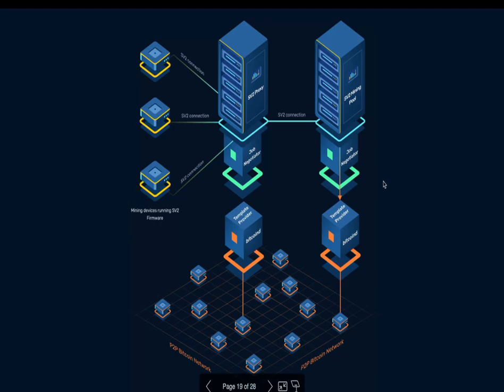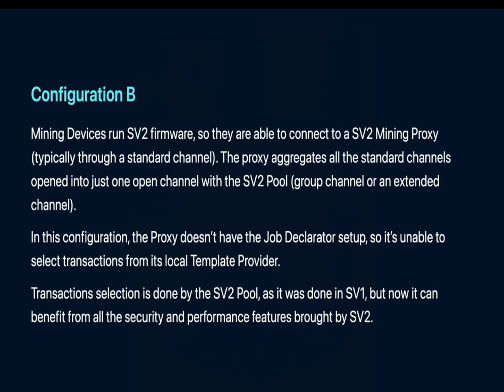And for the miner, if for some reason the pool starts to reject their templates, the miner can just switch pools, just go to a different pool. So we have a little bit more efficiency in terms of hash rate market efficiency on this configuration. So let's look into configuration B.